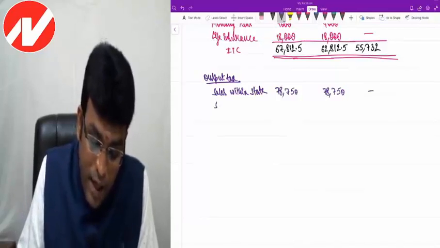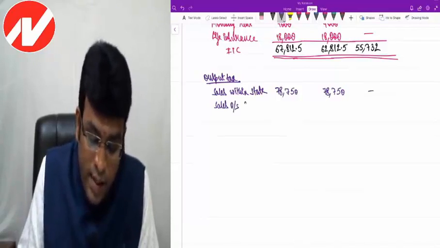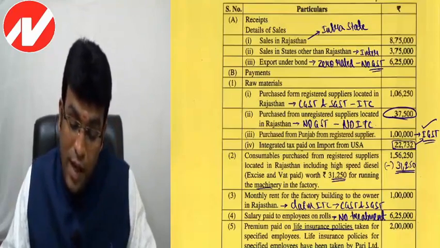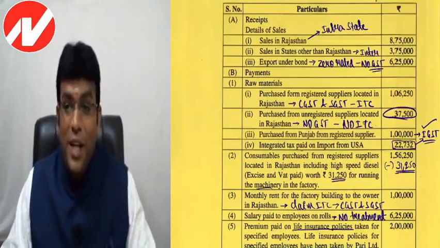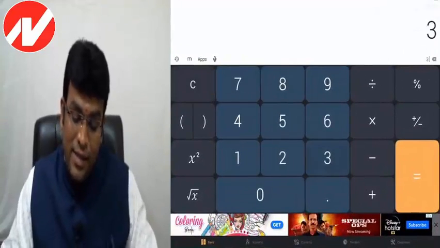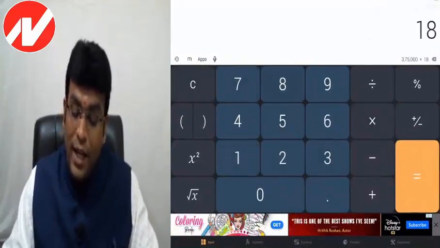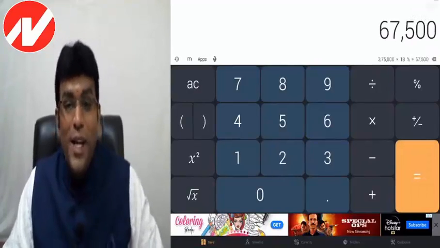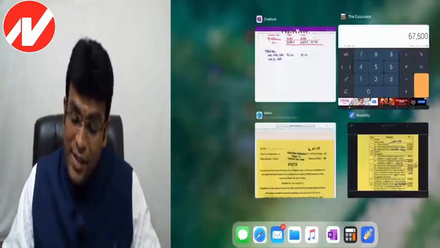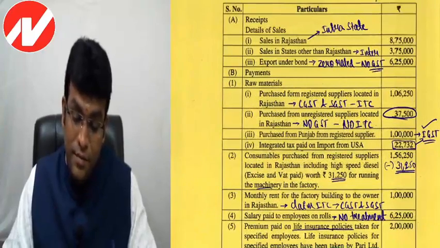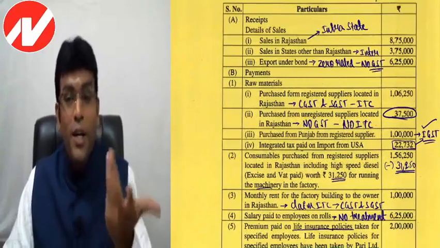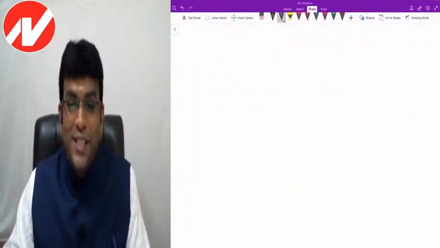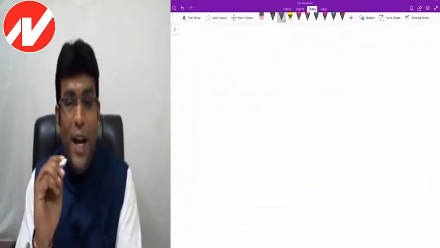Then sales outside state, 3,75,000, into directly 18% because it's outside the state. That figure is coming to 67,500. And export under bond, no GST at all. Sales outside the state, IGST is 67,500.